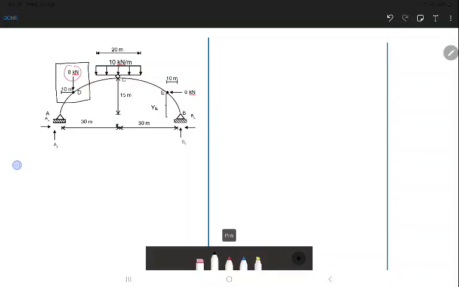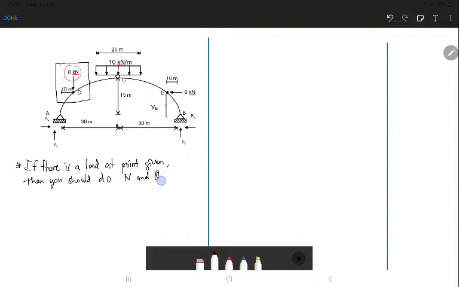Okay, then you have to write a note here. If there is a load at a point given or at a point that you want to find, then you should do N thrust force and Q shear force for both with and without load.